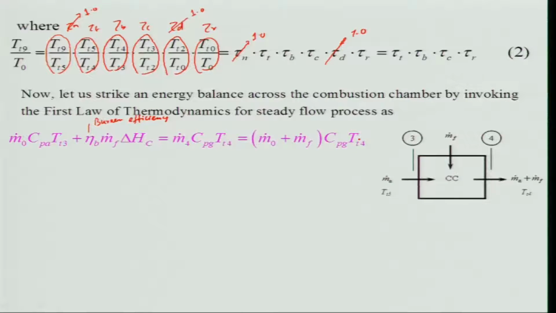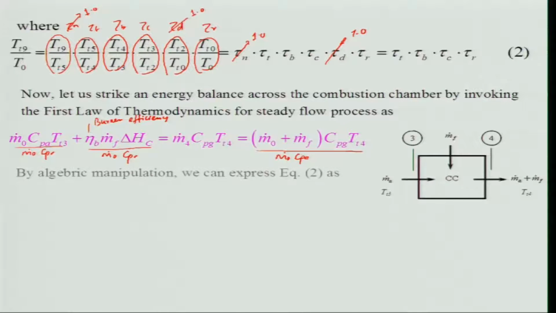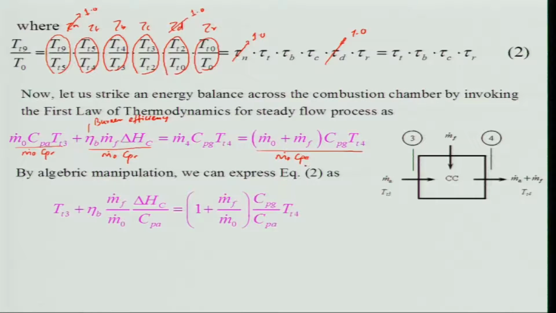What I will do is divide all the terms by m naught C P A. After this simplification, I get T T 3, and this will cancel out, and this will be eta b m dot f m naught delta S c by C p a, and 1 plus m dot f divided by m naught, C p g by C p a, T T 4.